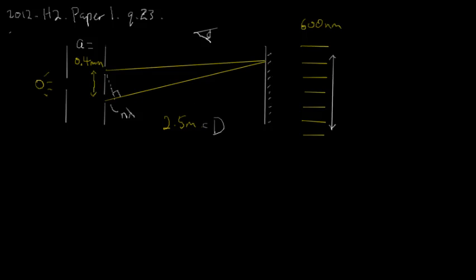Let me try and draw that as well. Okay, maybe I'll try and draw this, and this bigger triangle there, and there. Okay, these two triangles are actually similar triangles.